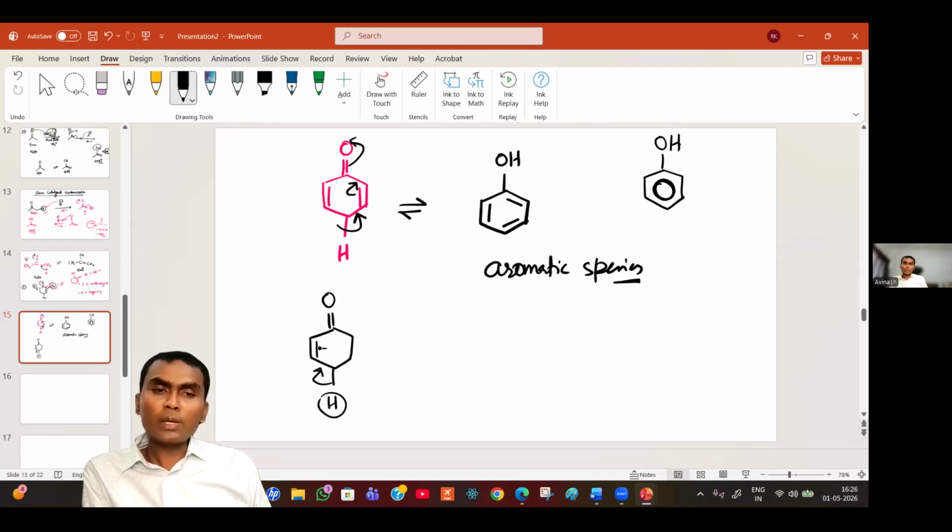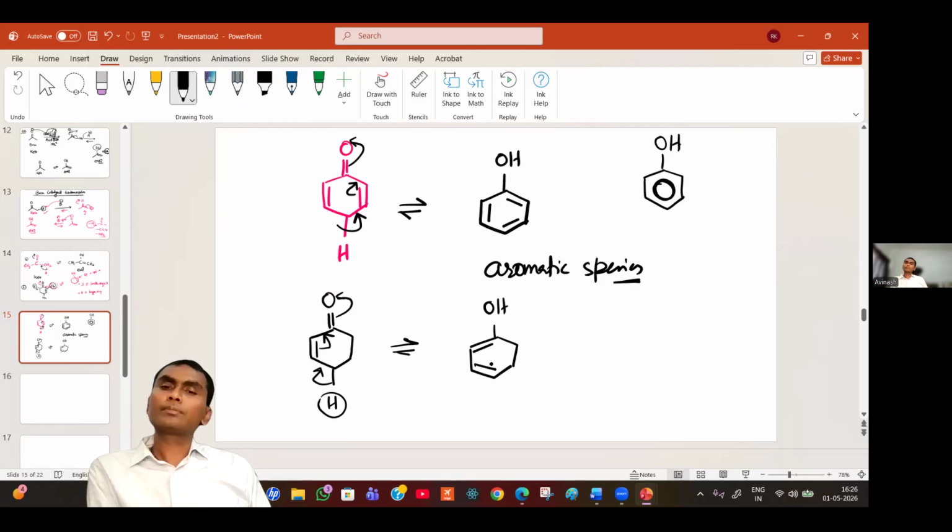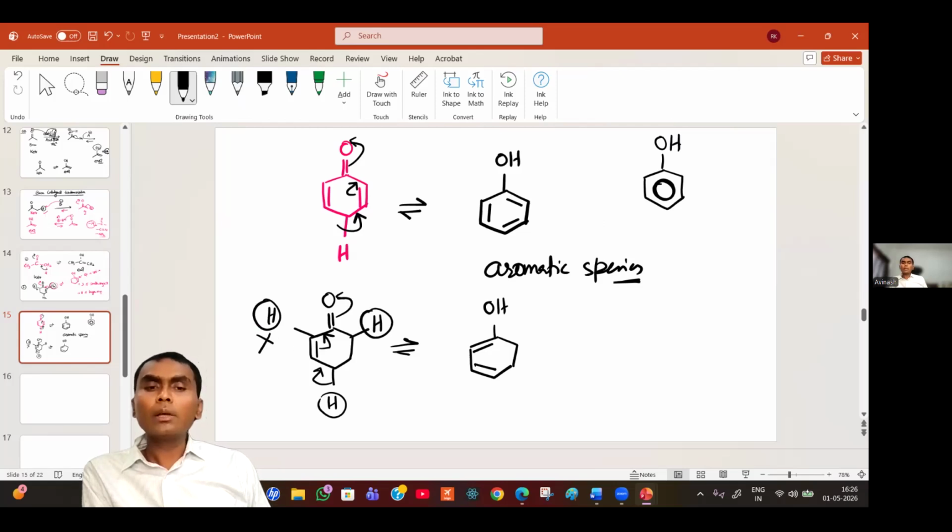So this goes this way, and this way. There is an equilibrium sign here, with double bond, double. This hydrogen will never participate in tautomerization because this is vinylic and this can take part.